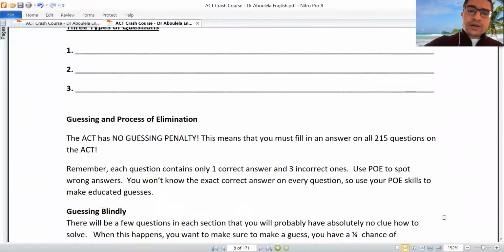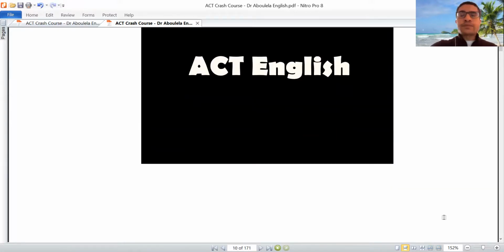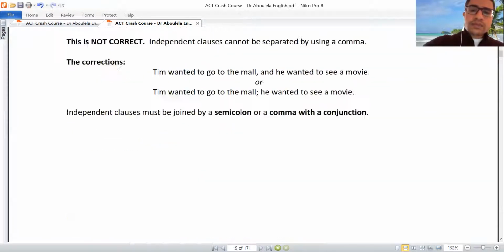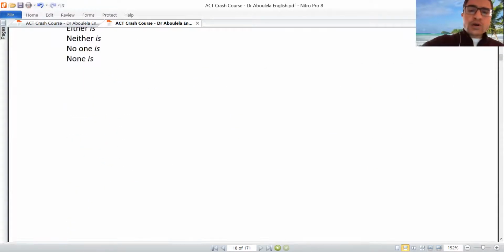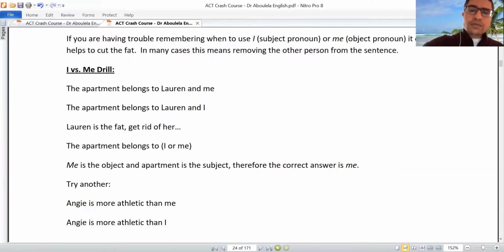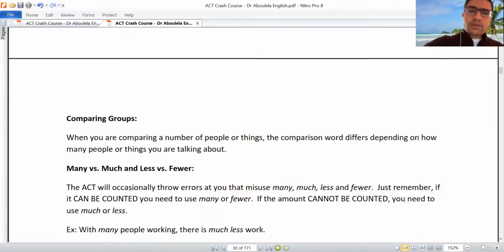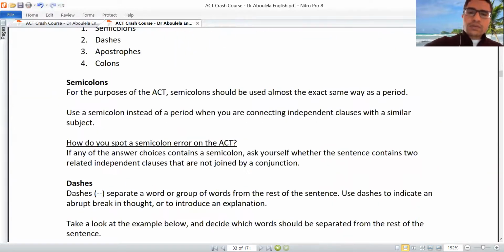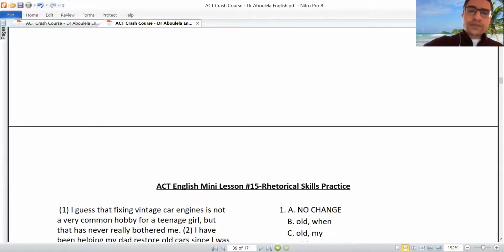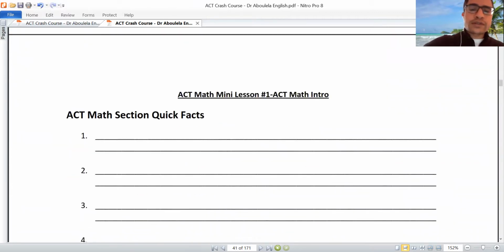As you can see here, we move from general into specific: ACT English, and these are all the lessons of the ACT English, covering all the areas of the exam, then ACT math, and you get it.